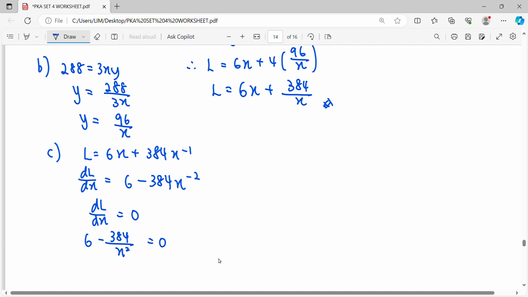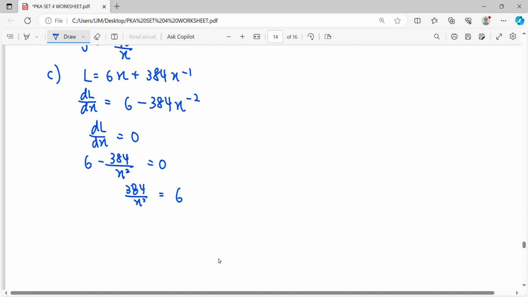So we simplify this. 384 over x squared. When the 6 moves to the right hand side, negative becomes positive. Okay, simplify together. Then x squared will be 384 over 6, 64. So plus minus square root of 64.